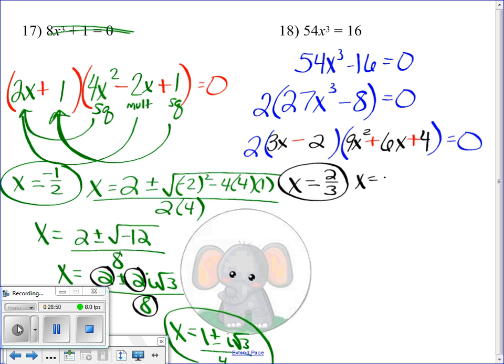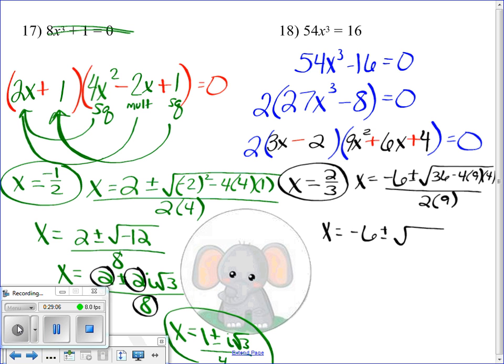Negative b plus or minus the square root of b squared minus 4 times a times c, all over 2 times a. What do we get underneath that radical? Negative what?